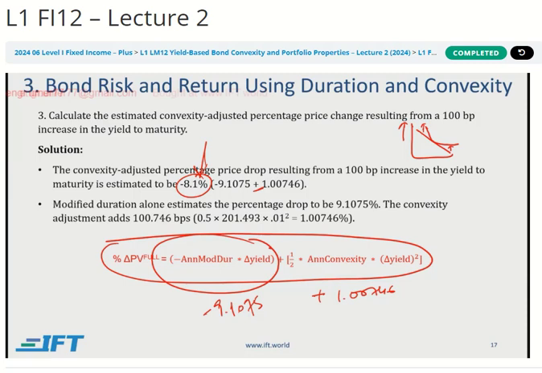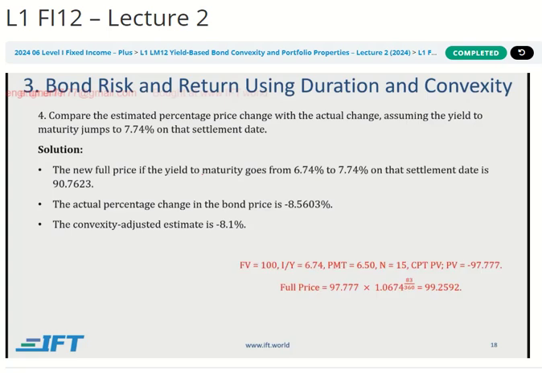Now compare it to the number you get if you manually use your formula to do it. Previously we had used a yield of 6.74.